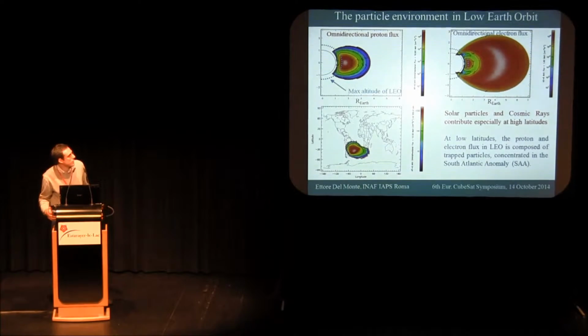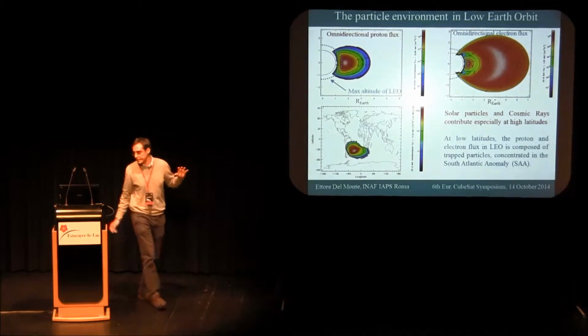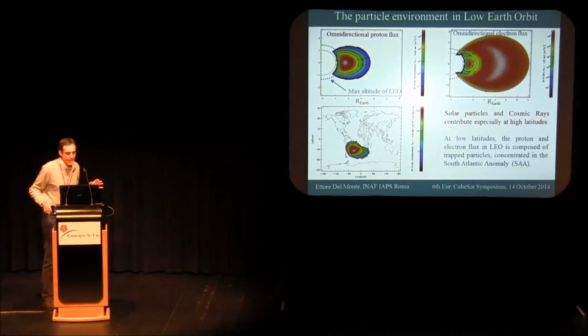What I said before is summarized in these figures. So the dashed light blue curve represents the maximum altitude of LEO, which is compared with the omnidirectional proton flux on top left and electron flux on top right.